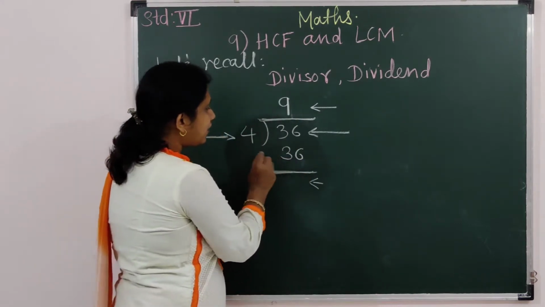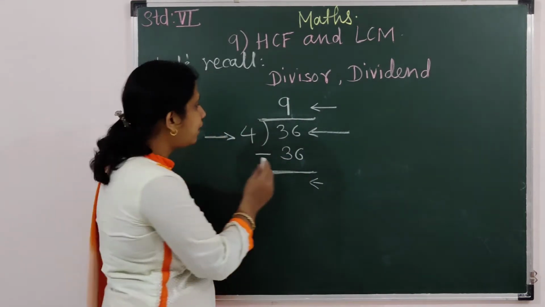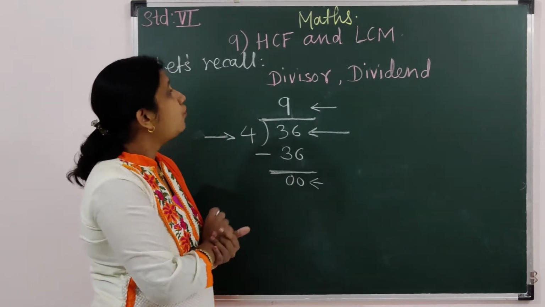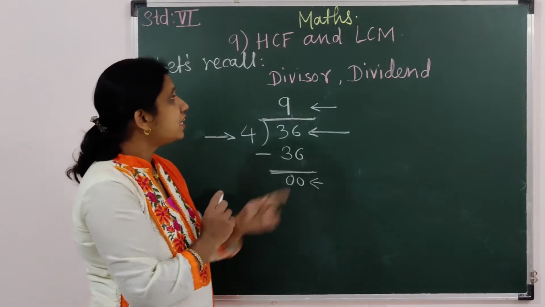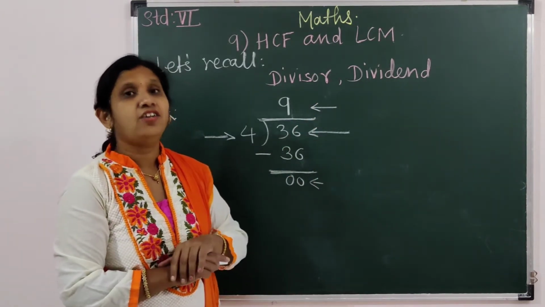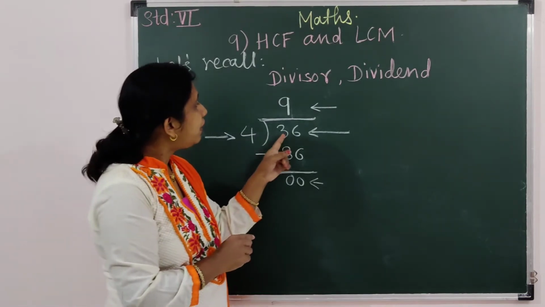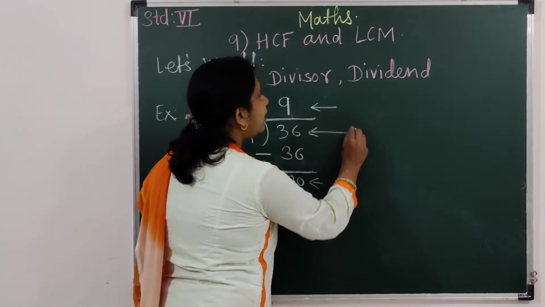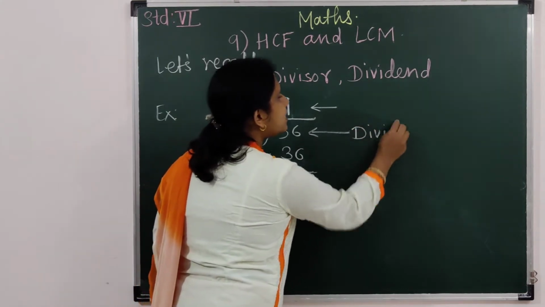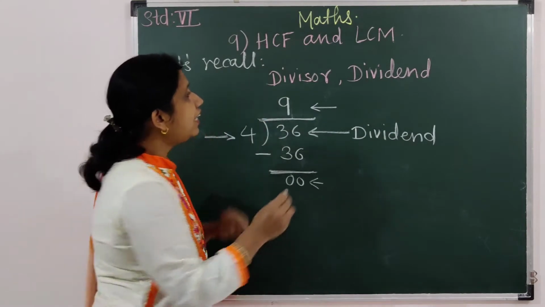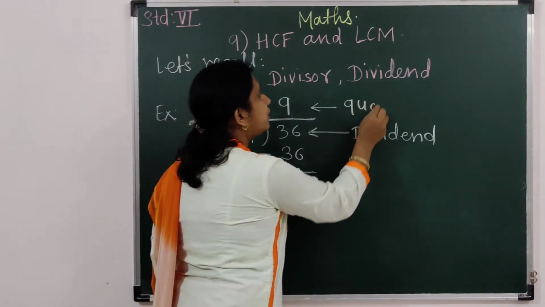As usual in division we have to subtract this number. So what is remaining here? 0. Now we have to write down in this why I have drawn these arrows to write certain words. What does it mean 36? 36 is a dividend. 36 is known as dividend, whereas 9 is known as quotient.